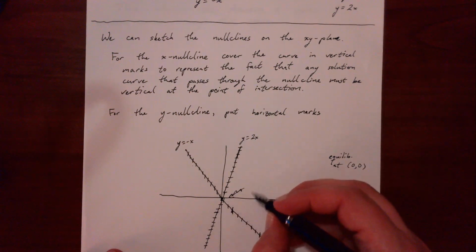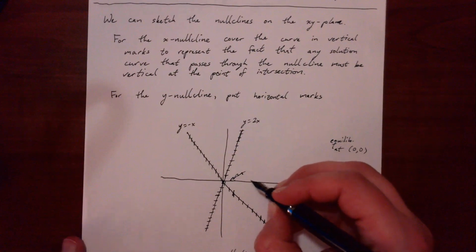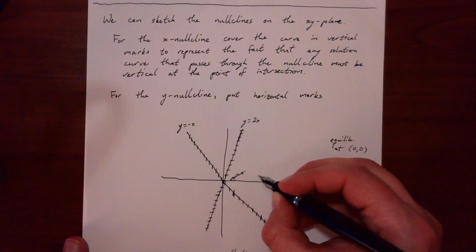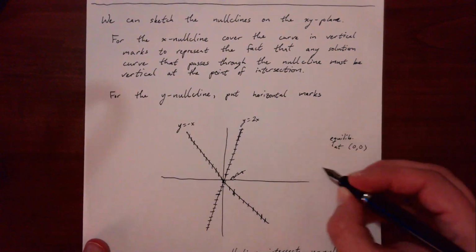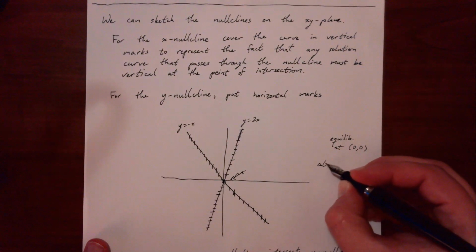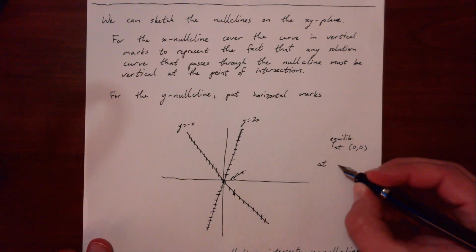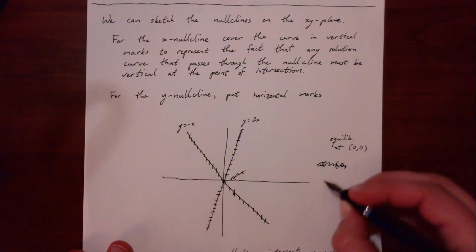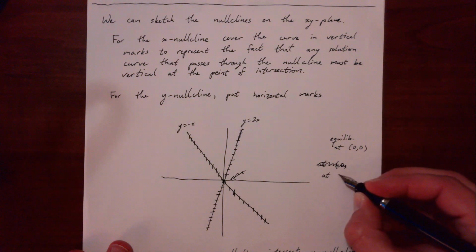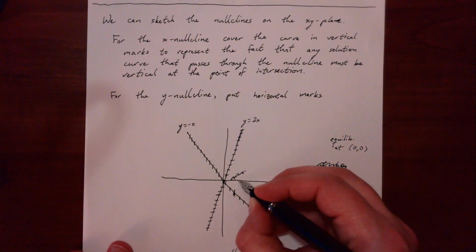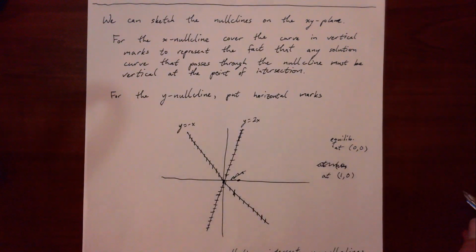Now over in this region, one way we can determine the direction of motion is literally just plug in a point. We can just pick whatever point seems convenient, so let's say at 1, 0. That would be over here somewhere.